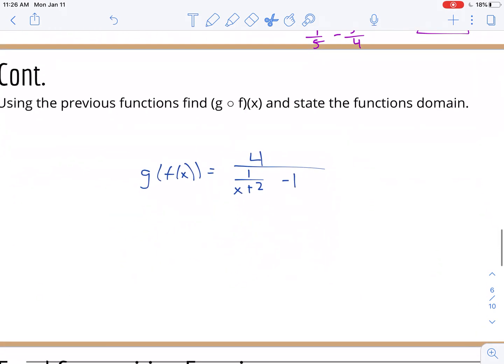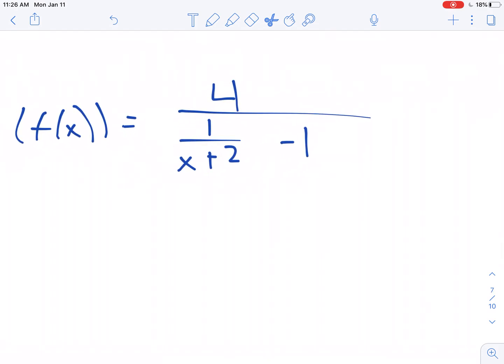This is what g of f of x looks like, but I can't leave it like this. This is a complex fraction, not improper, sorry. We are not cool with complex fractions. So what I need to do is get a common denominator for my denominator. So I'm going to multiply this by x plus 2 over x plus 2.